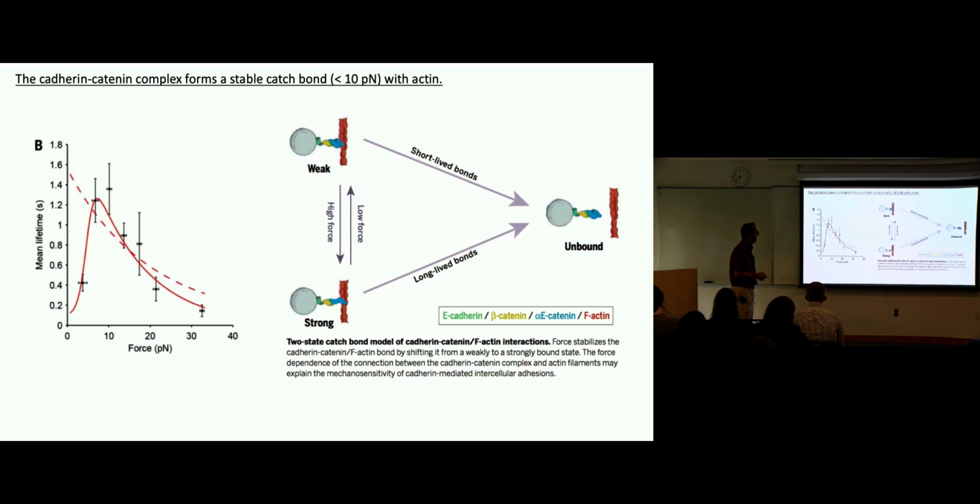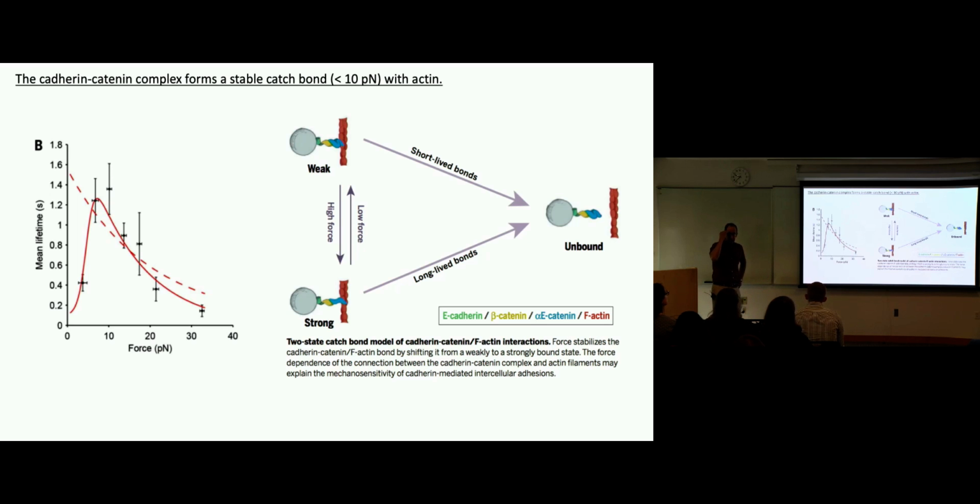Right? And so they were able to model this. I'm not going to go into the details, but they say that this protein complex has a weak interaction and a strong interaction. And mechanical load moves this equilibrium constant from the weak to the strong, so more of these proteins stay attached longer to the actin filament when they're under load before they detach and become unbound.